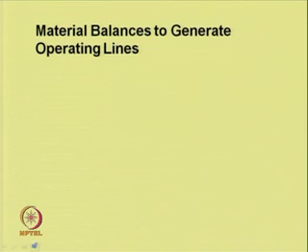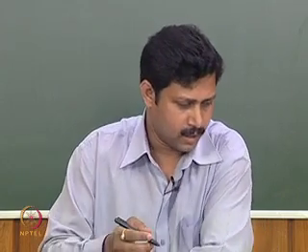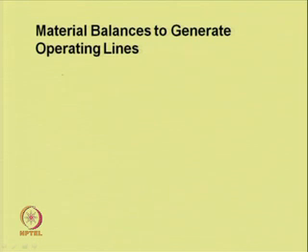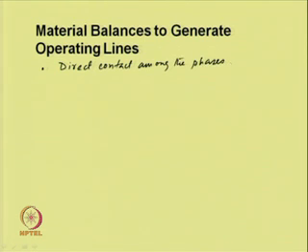So, now we will discuss the material balances to generate operating lines. In general, when two phases are in contact, there is direct contact among the phases in a particular equipment.